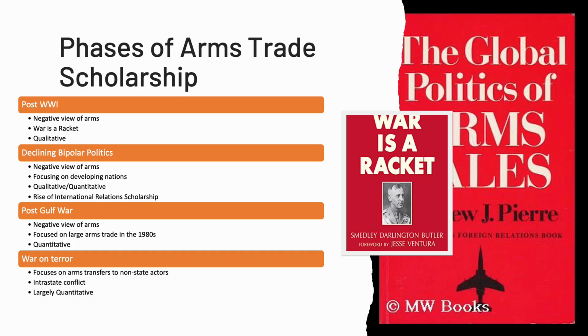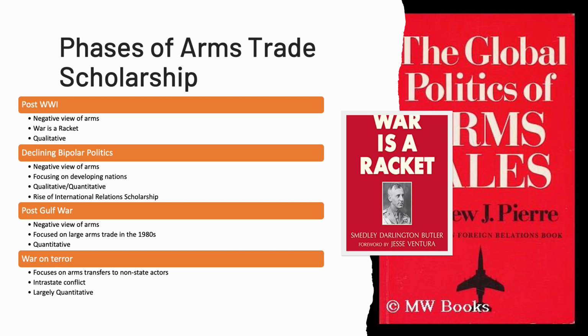Let me give you a little more in-depth explanation of these different eras of arms trade scholarship. During the post World War I era, again, there was a negative view of the arms trade. Coming off the tail end of World War I, it was seen that arms manufacturers benefited and profited a lot from the conflict, and it's a great example of correlation not meaning causation, right?